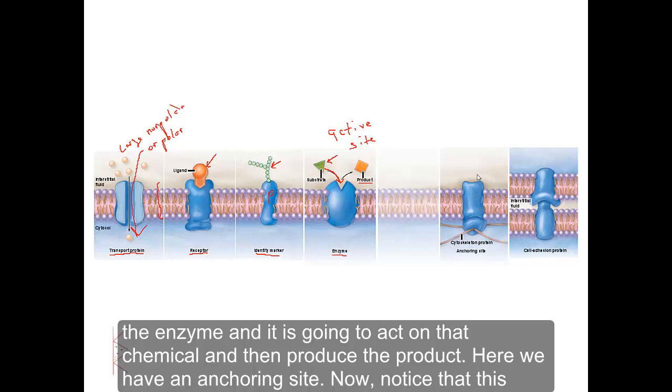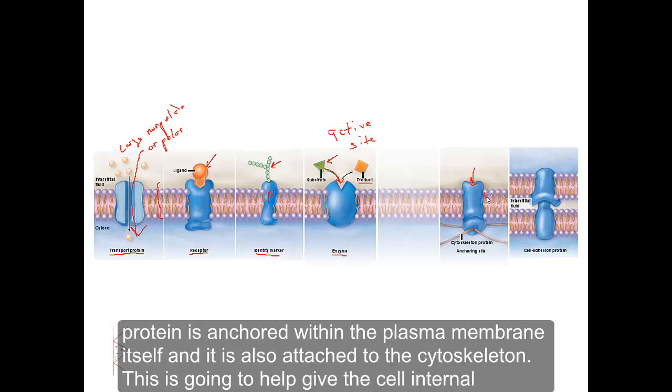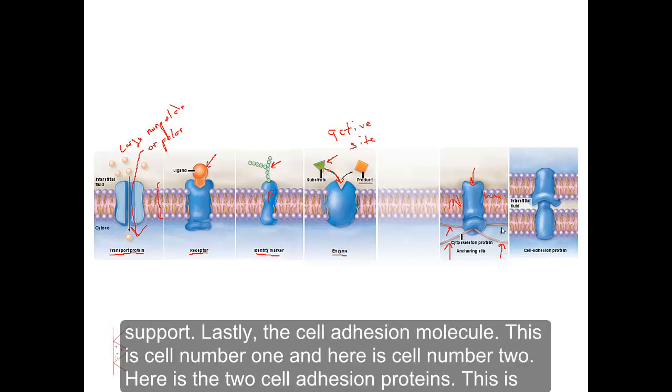Here we have an anchoring site. Now notice that this protein is anchored within the plasma membrane itself, and it is also attached to the cytoskeleton. This helps give the cell internal support. Lastly, the cell adhesion molecule.